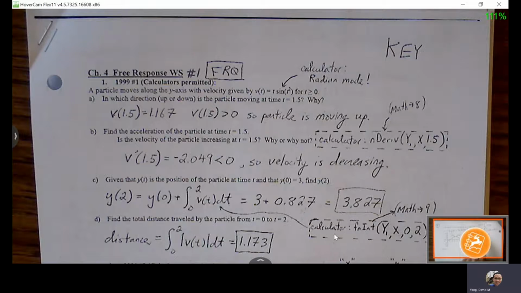I want to find the velocity at 1.5, so if I go back to my home screen, I do vars, y-vars, function 1. This y1 right now, I stored that x sine x squared there. I want to find the velocity at 1.5, so I just plug in 1.5. It's going to take 1.5 and insert it into my velocity function.